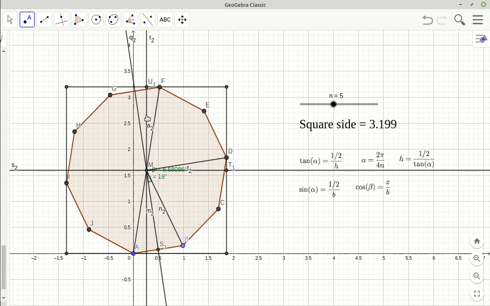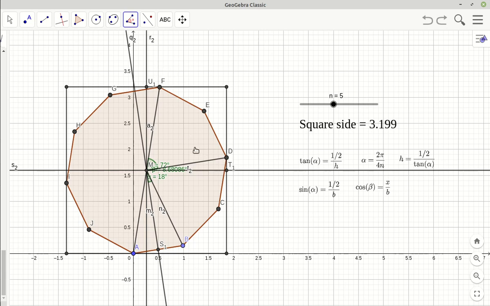So actually 2 beta plus the angle DMF is 90 degrees. Right? So 90 degrees is this T1MU1, and beta is half of this 90 degrees minus DMF.